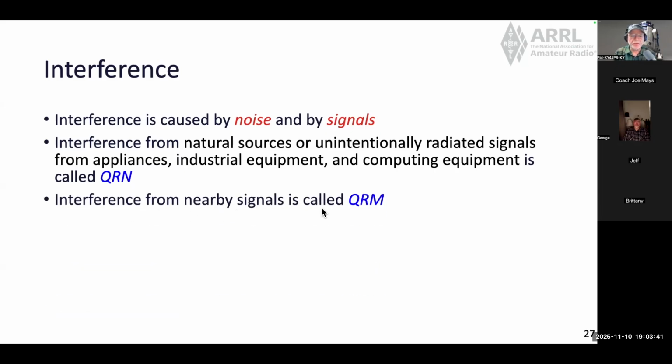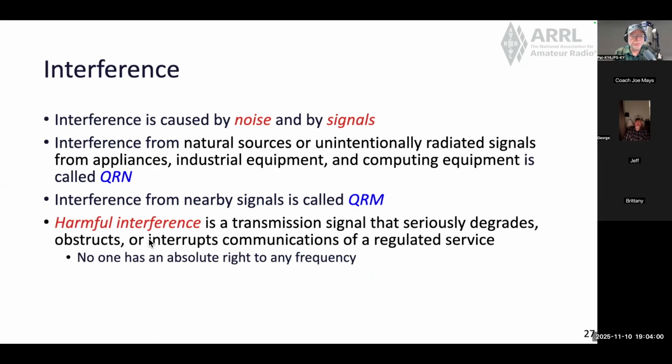Interference from nearby signals is called QRM. So you may be on the radio and there's another strong station 3 or 4 or 5 kilohertz up from you, but you can still hear them. That is radio signal noise, and that's called QRM. Harmful interference is a transmission signal that seriously degrades, obstructs, or interrupts communication of a regulated service.